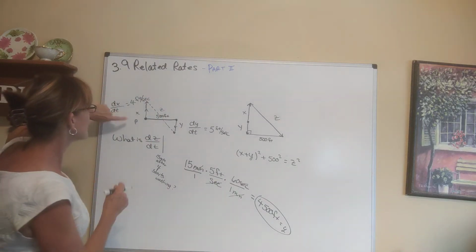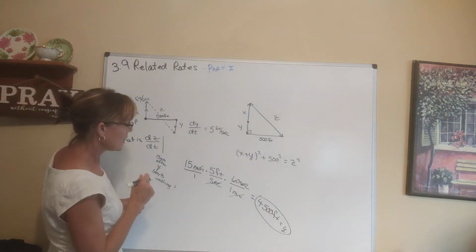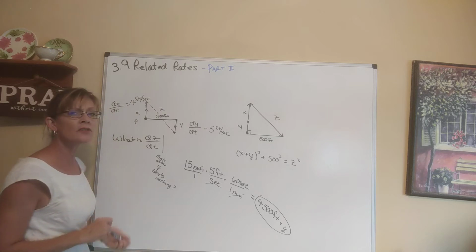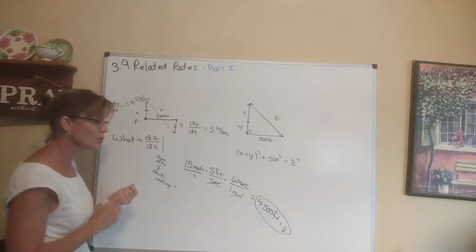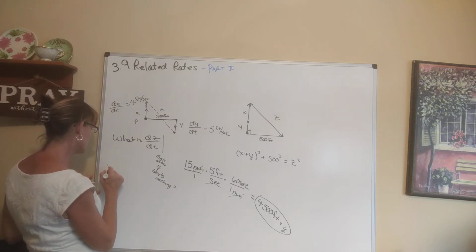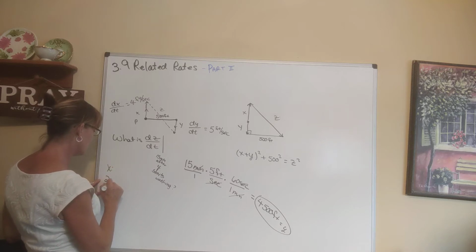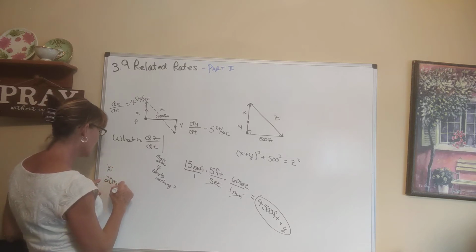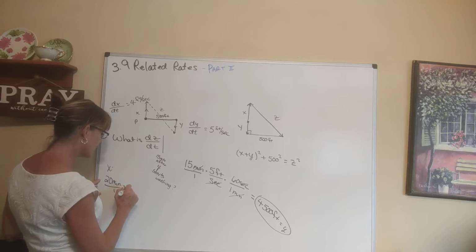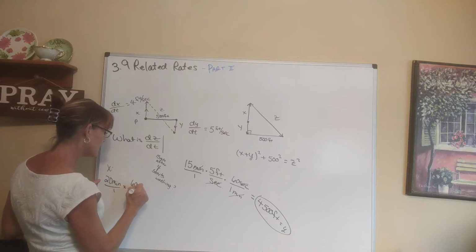Let's go ahead and do the conversion. How long has the man been walking? Well, he started 5 minutes before her, so he's been walking 20 minutes. This is x's distance. But let's go ahead, we know we've got to convert that to seconds. 60 seconds in 1 minute.